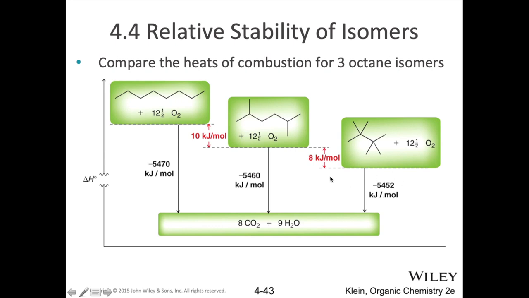By comparing the energy gaps, we can assign an energetic value to the difference in stability between our different isomers. We can say that this branched isomer is 18 kilojoules more stable than the non-branched, straight chain one.